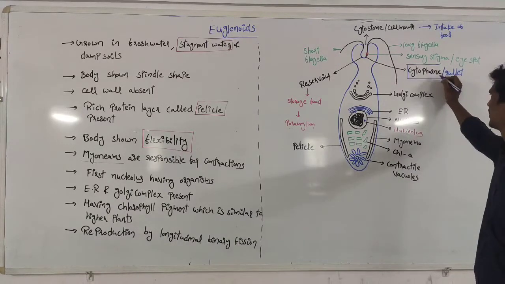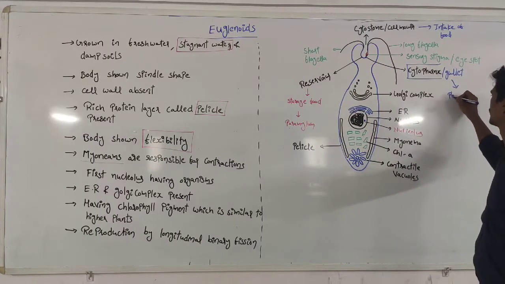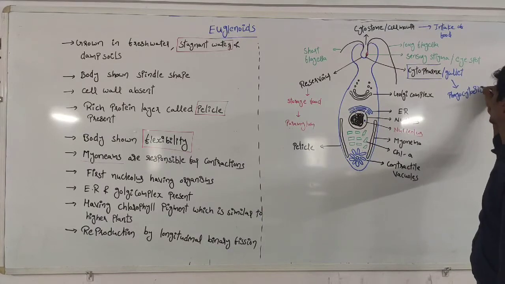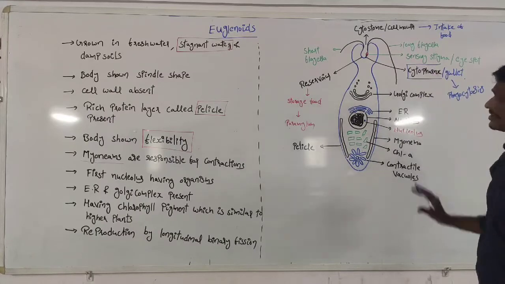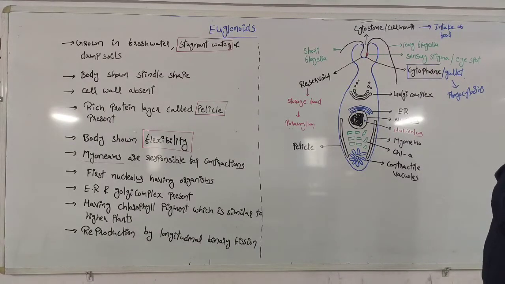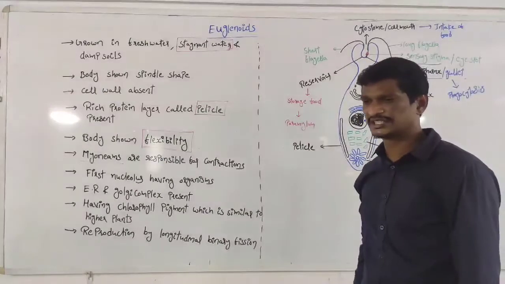This part is responsible for phagocytosis. In this region, food digestion takes place by the phagocytosis process: solid food material is taken in and digested.